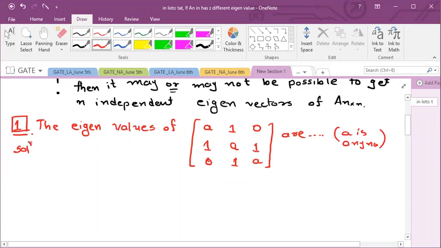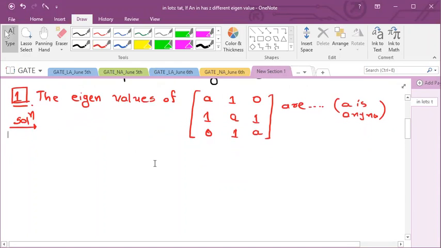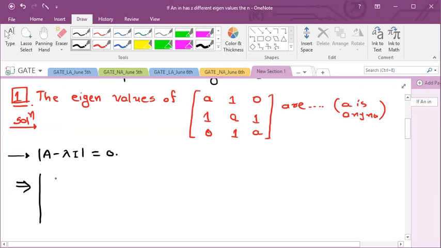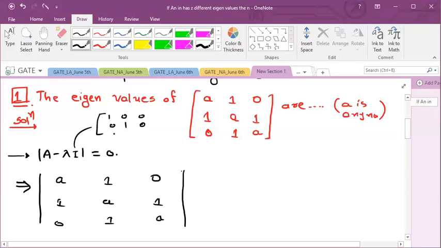So how can we find its eigenvalues? What is the condition or definition for eigenvalues? We have seen just now: determinant of A minus lambda I equals 0. So if I find A minus lambda I first, then I have to take its determinant. This is A 1 0, 1 A 1, 0 1 A. Now I have to subtract lambda I. You all know that I for 3 by 3 is 1 0 0, 0 1 0, 0 0 1.